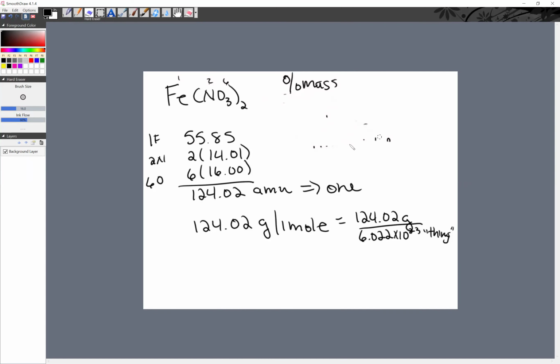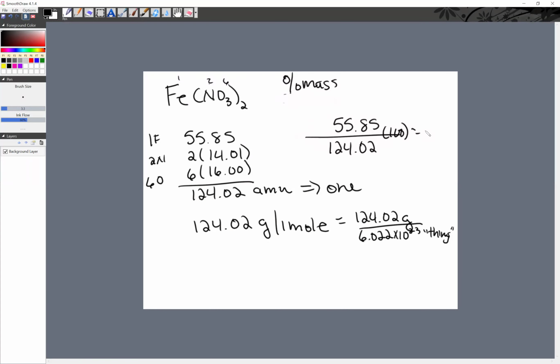But how about the mass percent? Well, I know the iron weighs 55.85 and the total weighs 124.02. Convert it to a percent. And the percent of iron in iron 2 nitrate is 45%.